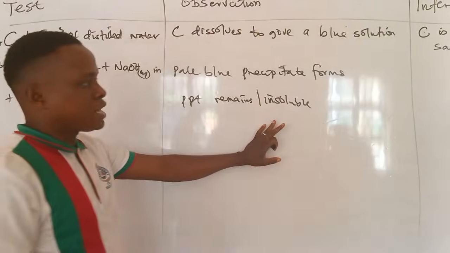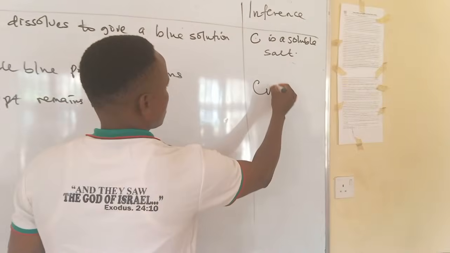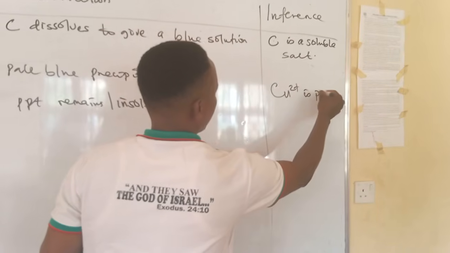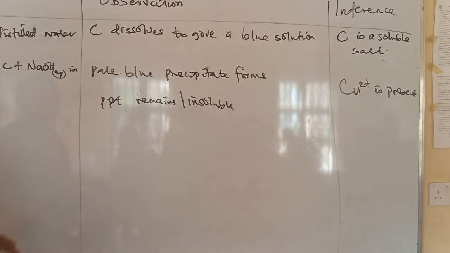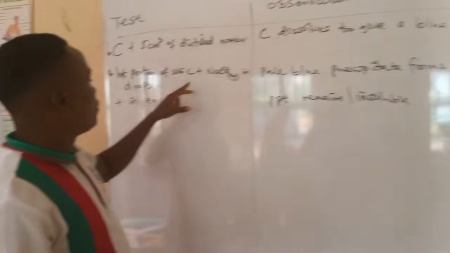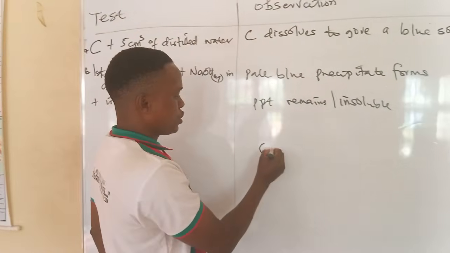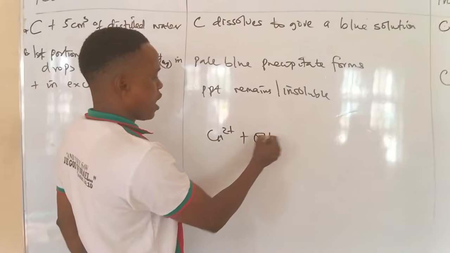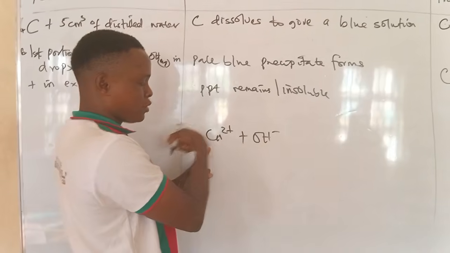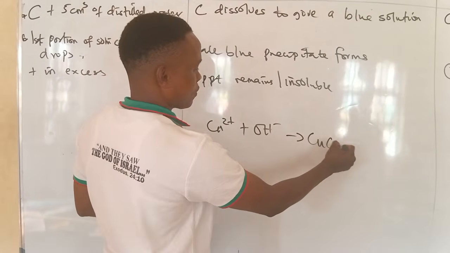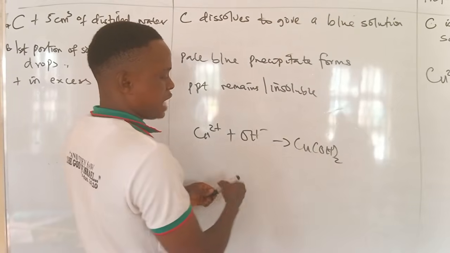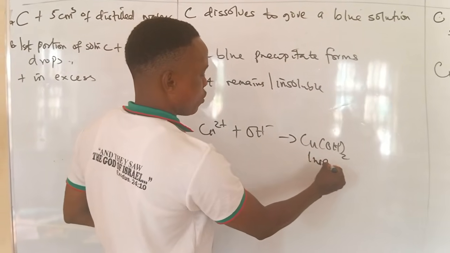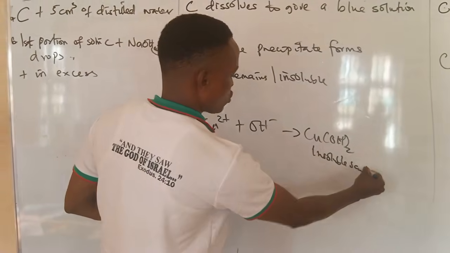All this confirms that copper(II) ion is present. That's what it confirms. Don't forget that if you have Cu²⁺ and the hydroxide ion coming from the sodium hydroxide, you are going to have this, and this is an insoluble salt.